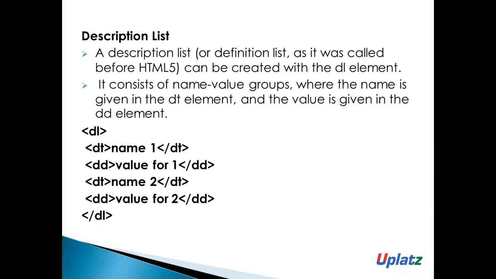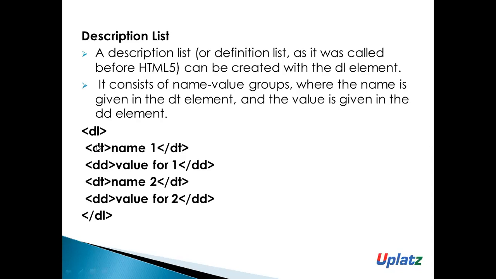So next is description list. Before HTML5 it was created with the DL element. It contains name value groups where the name is given with the DT element and the value is given with DD. So DL, DT and DD.